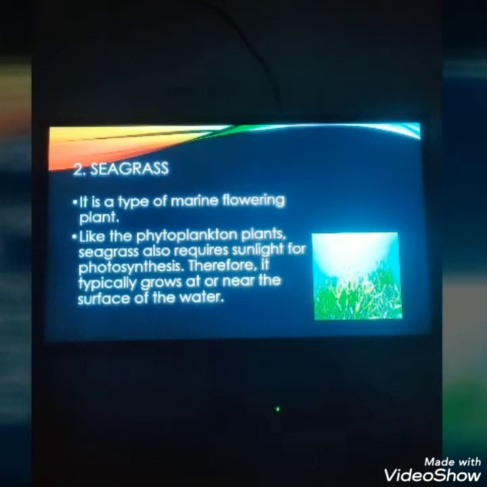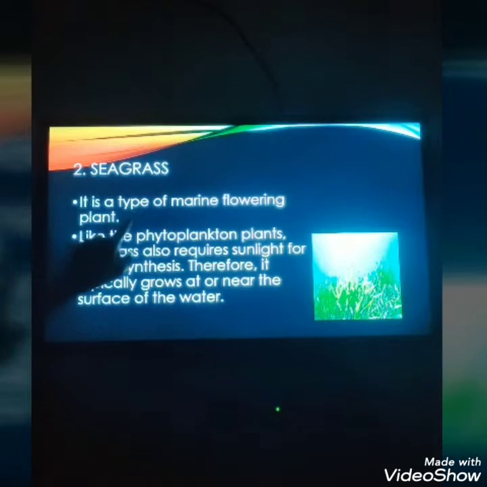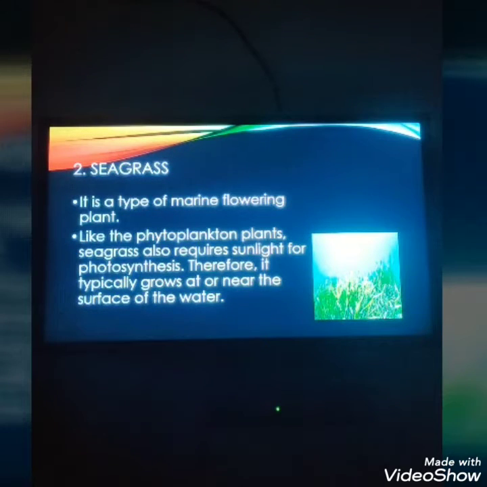Now let's talk about seagrass. You can see the picture of seagrass over here. It is a type of marine flowering plant. It is a grass which grows inside the ocean or sea. Like the phytoplankton plant, seagrass also requires sunlight for photosynthesis.